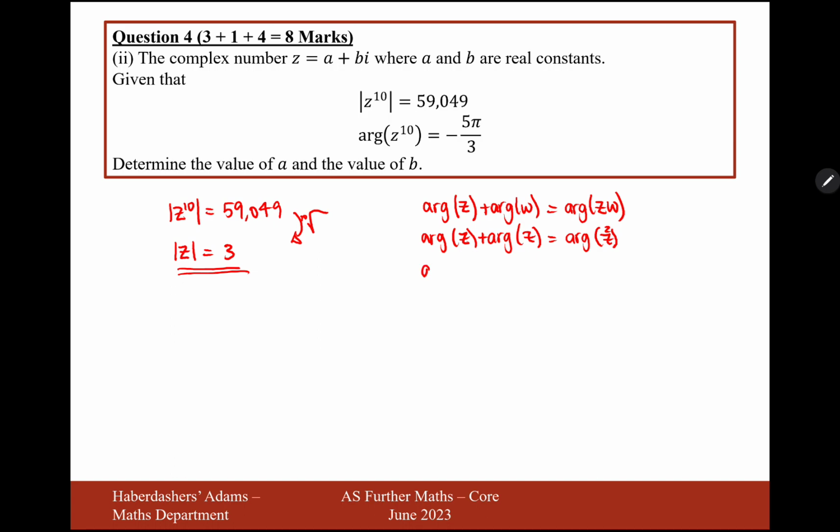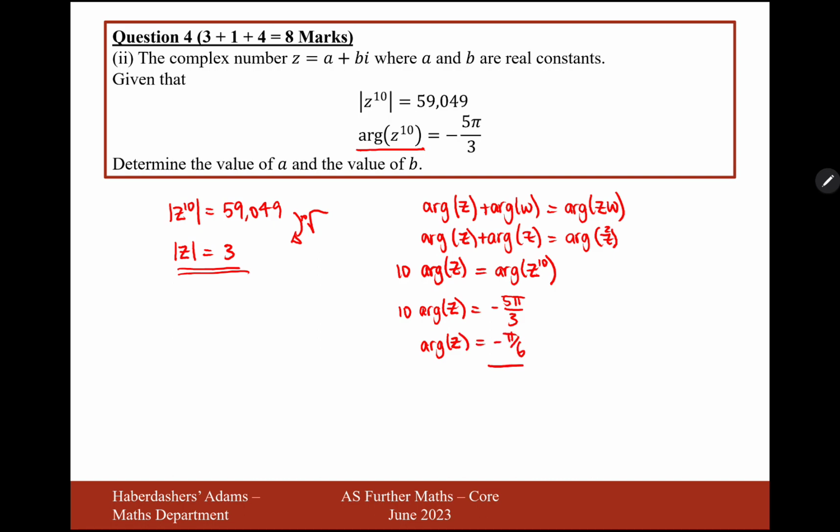Now if I've done that 10 times, i.e. added together 10 lots of arg z, we get arg z to the 10. So I'm going to rewrite this as 10 arg z equals minus 5 pi over 3, and divide both sides by 10 and get minus pi by 6.